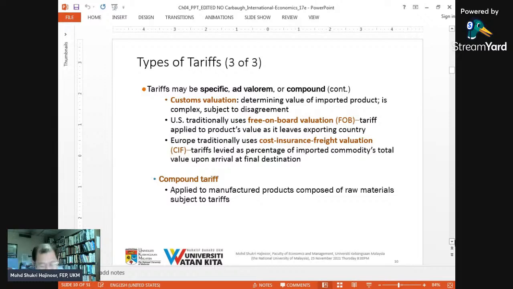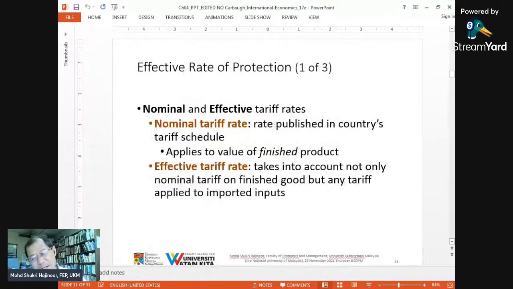After 1,000 units, different rates will be applied, perhaps based on the kilogram of the raw materials. So it is a combination of two different types of tariff, usually for raw materials.